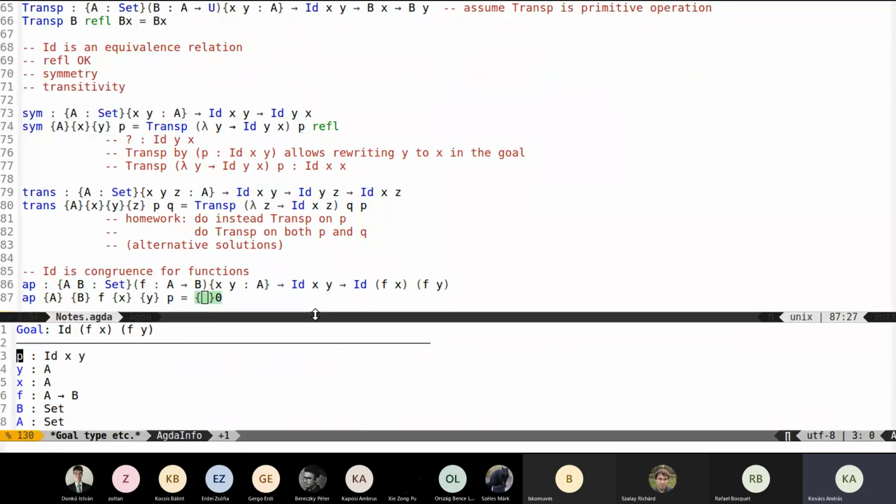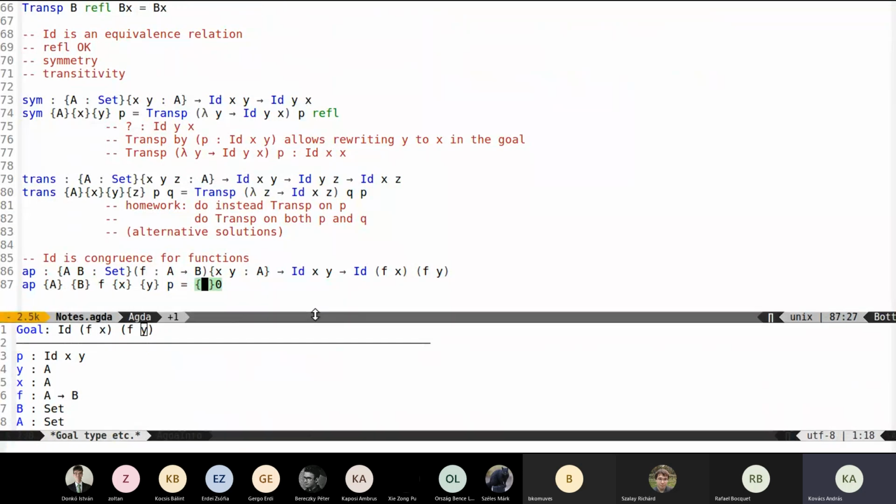Now I can use this equality proof and transport to rewrite y to x. So if y becomes x in the goal, it just becomes ID of f x and f x, and that can be proven by reflexivity.